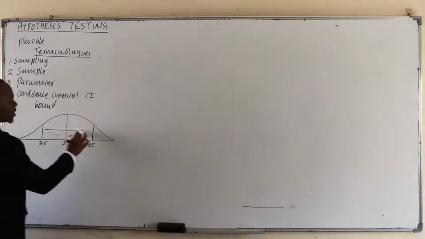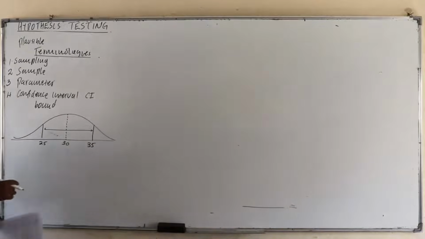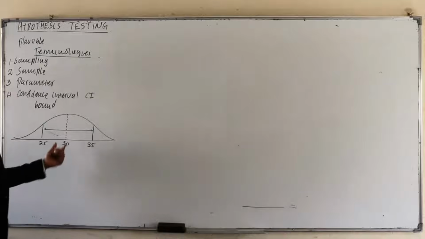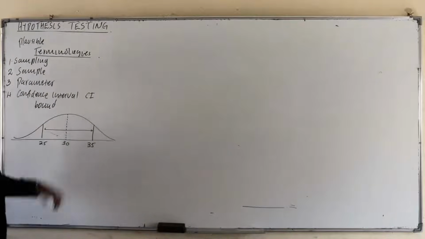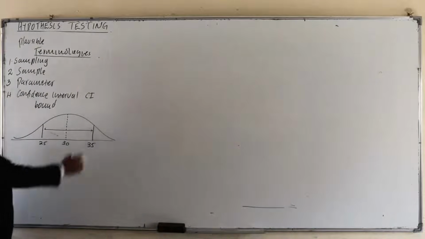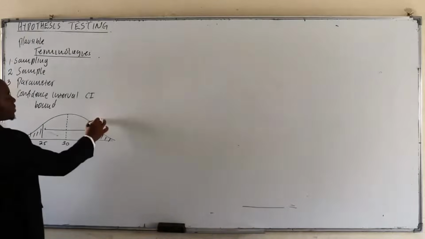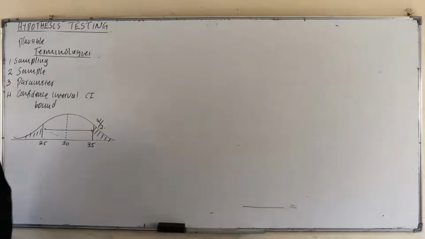This is what we call the confidence interval. It's all about the probability of being in between something. So when you are conducting a confidence interval, you should always use a two-tailed test. If you use a two-tailed test, the significance level will be alpha over 2. Good.